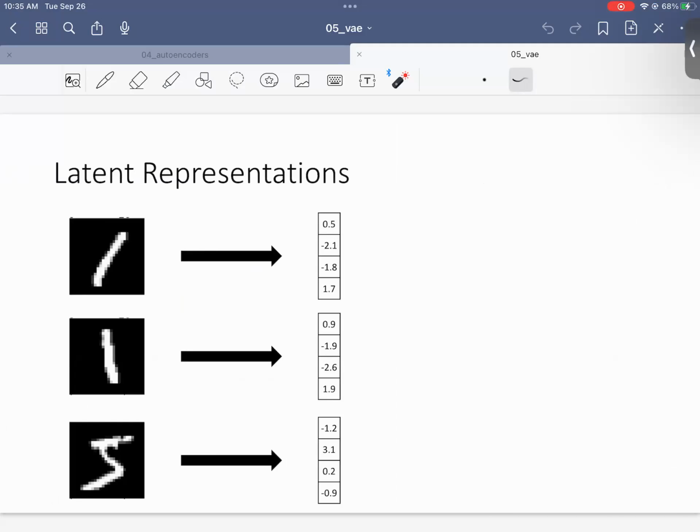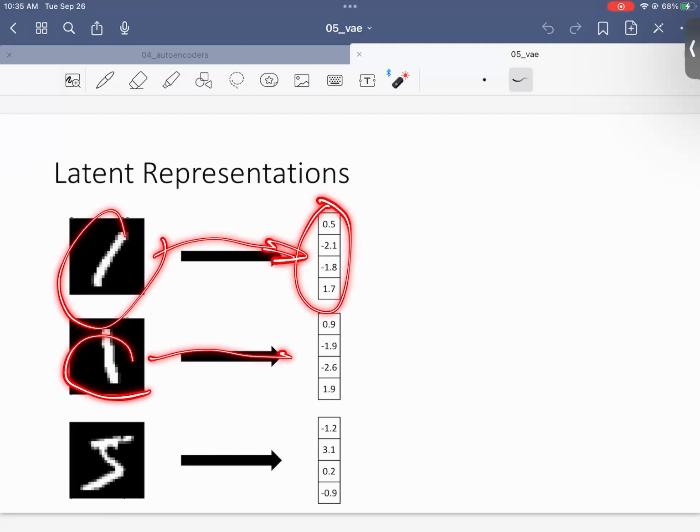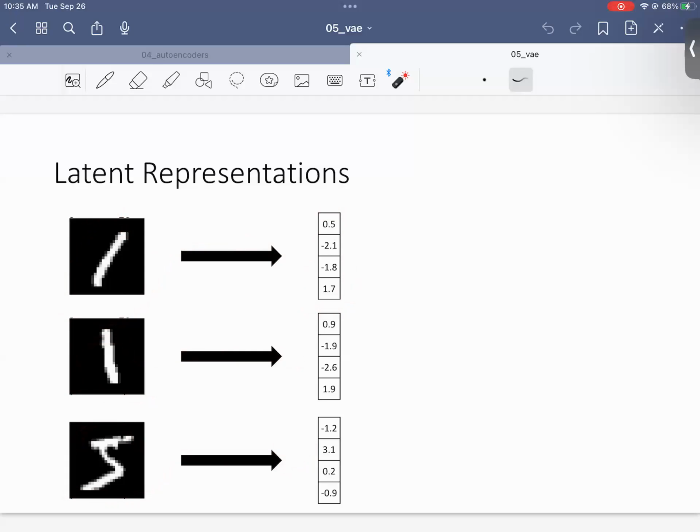Once we learn the latent representation of each sample, for example, this one could be mapped to this 4-dimensional vector here. This one could be mapped here. This 5 could be mapped here. And during visualization, we saw that these two, because they're both ones, are placed in proximity of each other, as opposed to, for example, 1 versus 5. 1 is way up there, 5 is way down there, something like that.